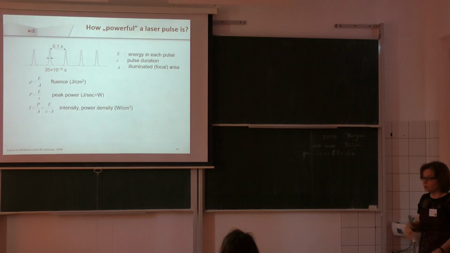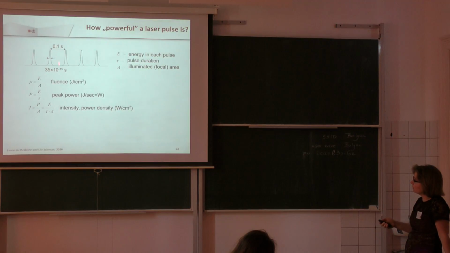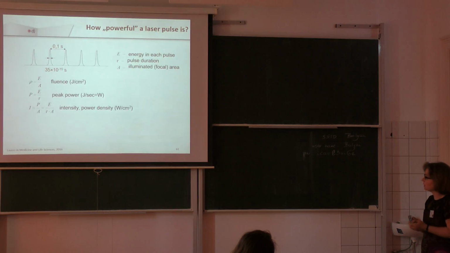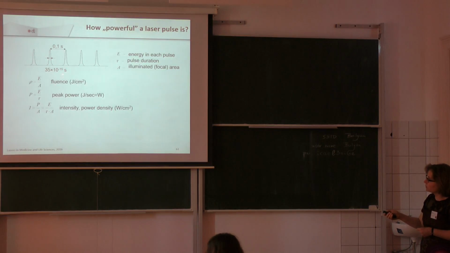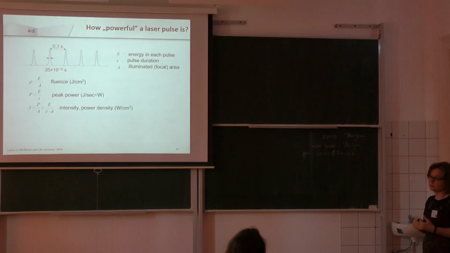As I said, the other reason why we want to produce short pulses is to concentrate the energy of light into this very small burst. So now I show you a different example of a laser pulse. This is the femtosecond light pulse you see here. It is producing 35 femtosecond pulses. The repetition rate is the same as the previous example I gave, because this is the short pulse laser that I'm pumping with my previous laser.